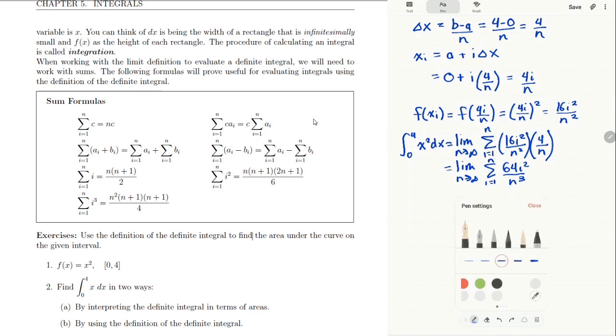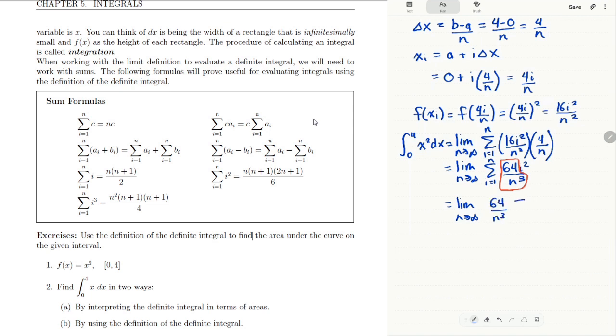So in this particular case, 64 over n cubed do not depend on i, and so we can write this outside of the sum. So this becomes 64 over n cubed times the sum from i equals 1 to n of i squared.